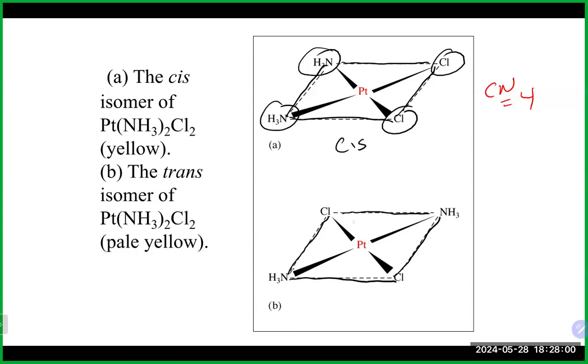We see that the chlorines are on opposite sides of the plane. And you can also look at the NH3s in this case, and this will give you the trans isomer. So the cis or trans isomer will have some different properties because of the arrangement of those groups. Just simply here, you can see one is yellow, one's a little lighter yellow in color. And again, we're talking about cis, same side, or trans, opposite side.